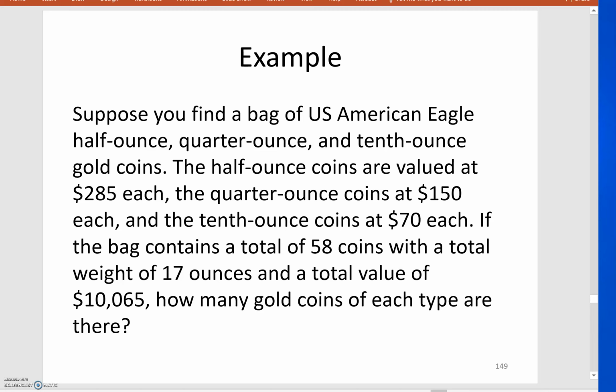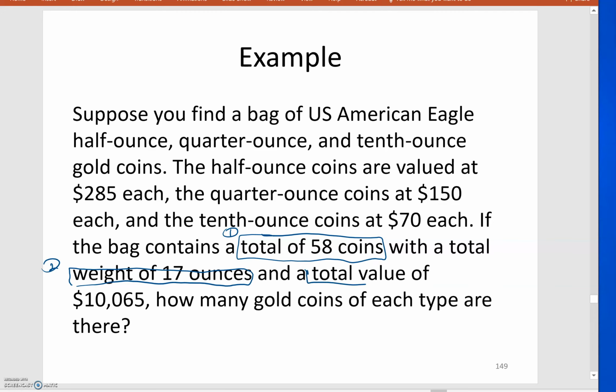So let's identify the various types of information that we have here. We have a total number of coins. That's one piece of information. We have a total weight. It's another kind of piece of information we have.